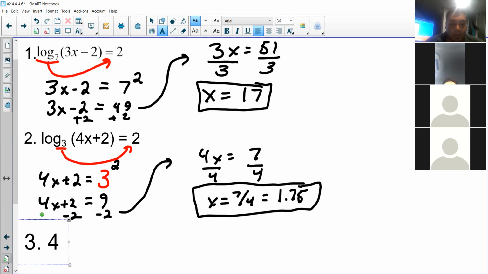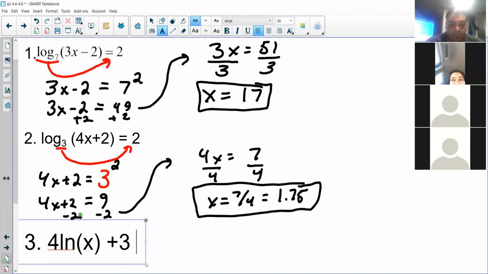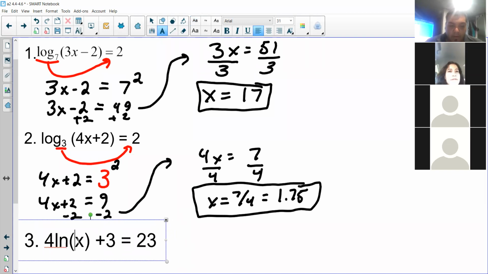Let's do 4 ln x plus, you know what? I'm going to do 2x in here. I'll put 2x in there.